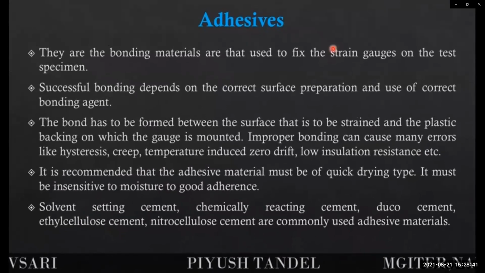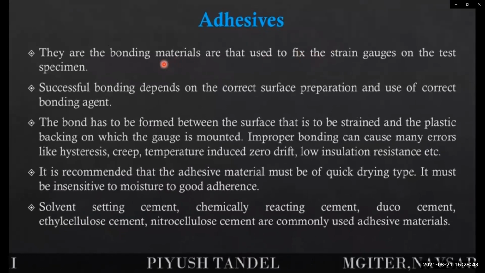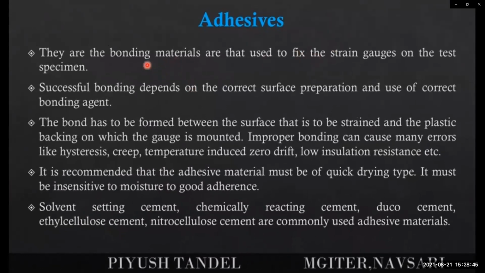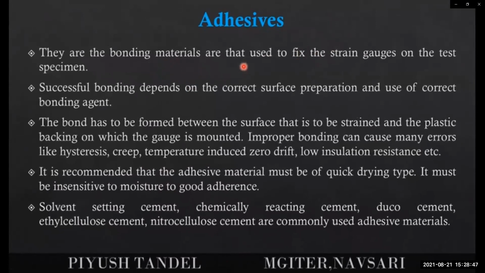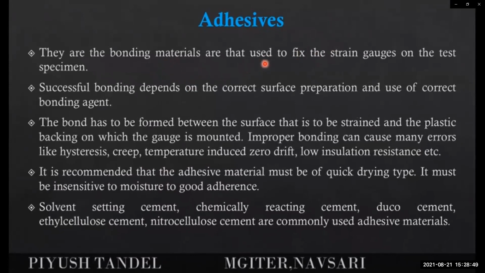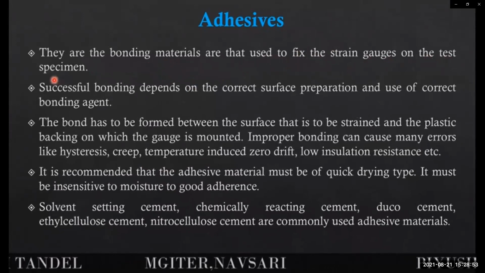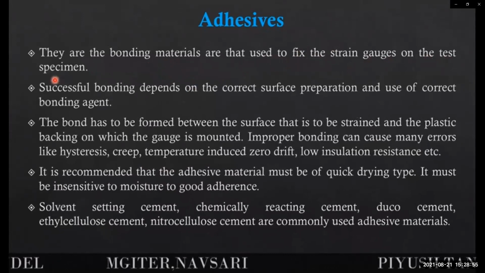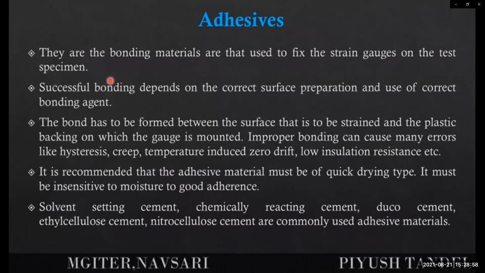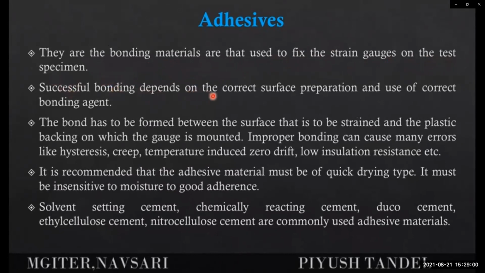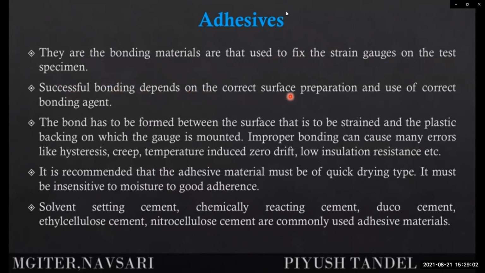Now the next one is the adhesives. Adhesives are the bonding material that is used to fix the strain gauge on the test specimen. Successful bonding depends on correct surface preparation and use of the correct bonding agent.